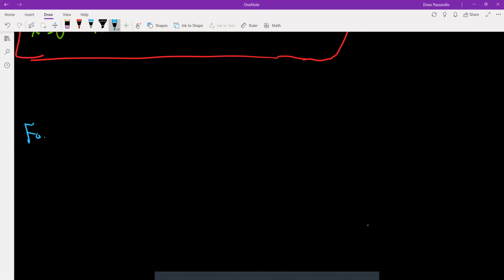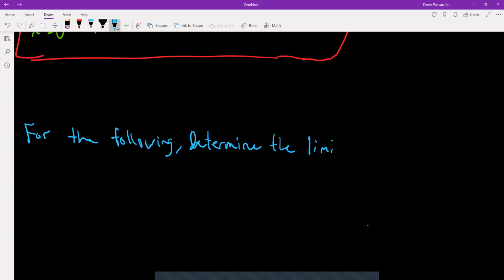So for the following, find the limit from its graph.